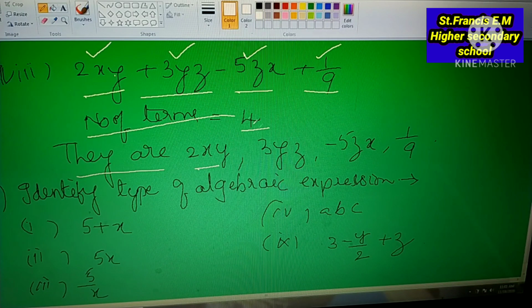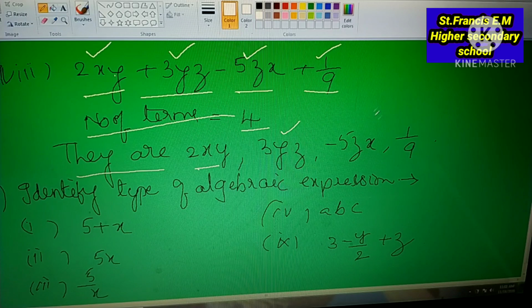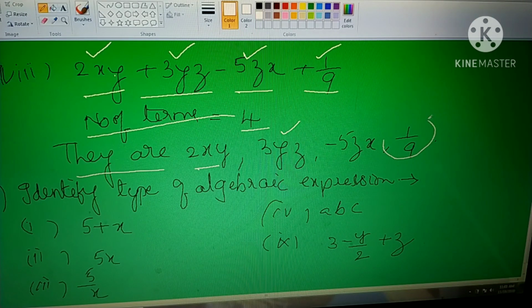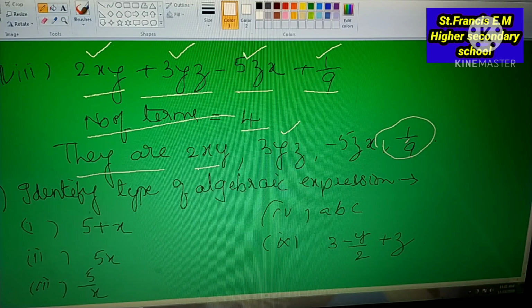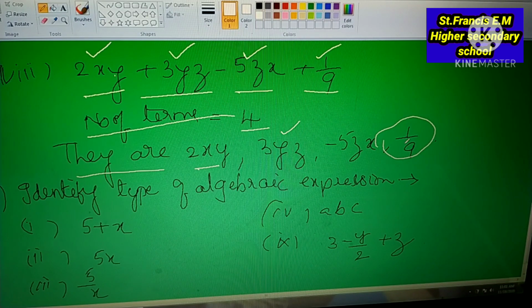After that 3yz. After that, along with minus, you have to write minus 5zx. After that 1 by 9. This 1 by 9 we can call a constant. Like that you have to count the number of terms and then write all the terms separately along with signs.